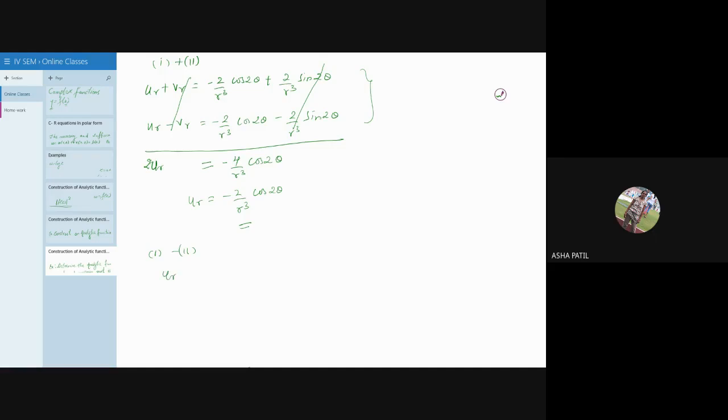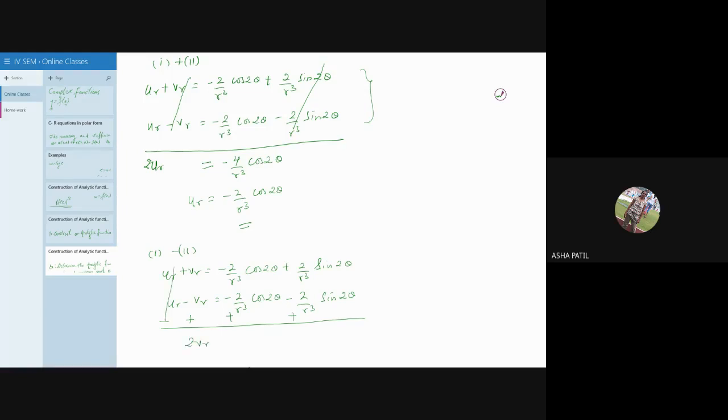Now if you subtract these two equations, the ur term cancels.